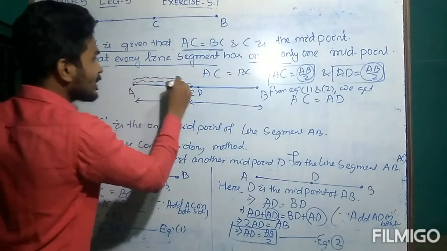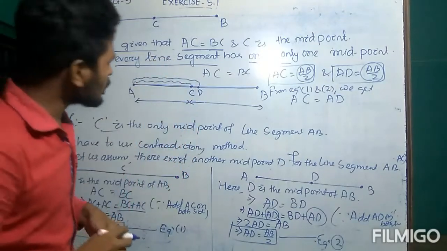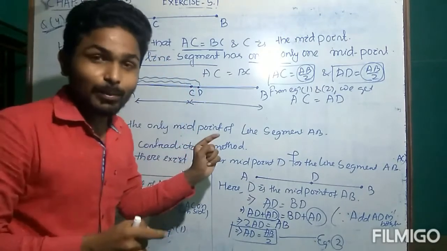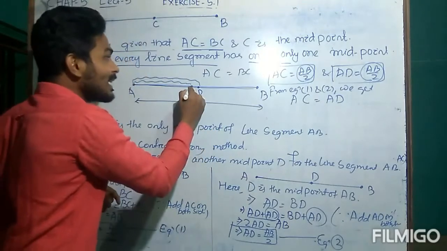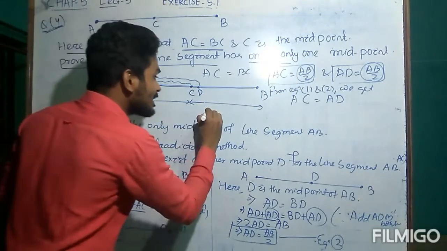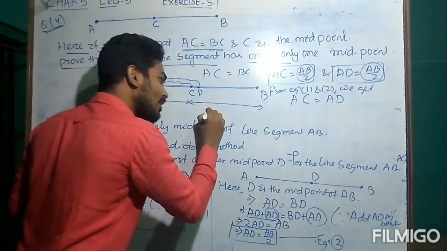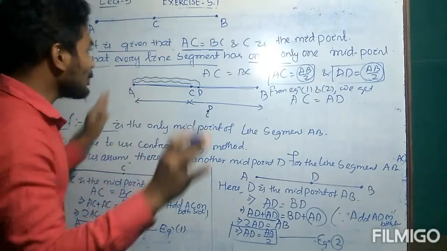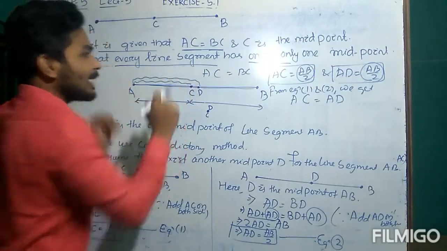AD means this length. Is it possible? How? AC is equal to AD is possible when C and D lie at a single point. When this is C, then D also lies on the same point. But if they are distinct points, then you cannot say AC is equal to AD.